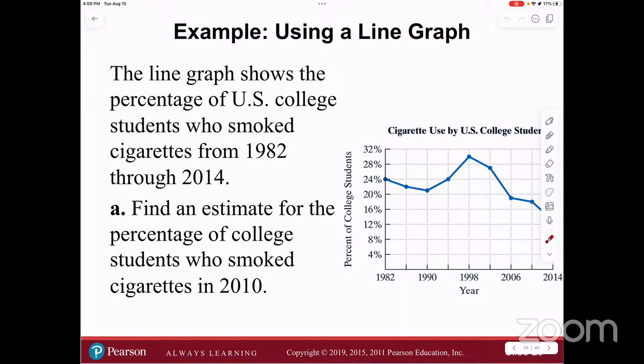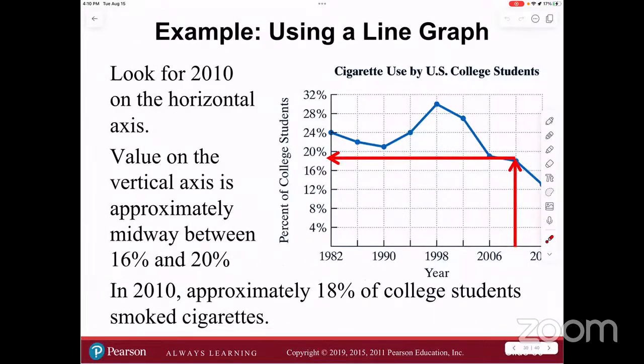If that's 4, it should be about 18%. It looks like it's halfway between 16 and 20. So in 2010, approximately 18% of college students smoke cigarettes.